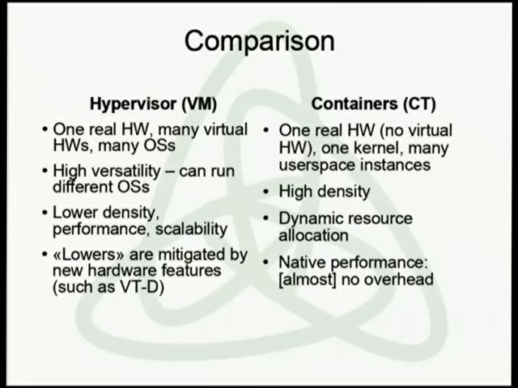That is, much higher density, so you can have more containers than you could have VMs. That means native performance, pretty much no performance overhead. I mean, you could have a hard time measuring the overhead in this case. And as an added bonus, there's dynamic resource allocation in terms of memory, for example. You can give containers more memory, less memory, and you can do it all during runtime.